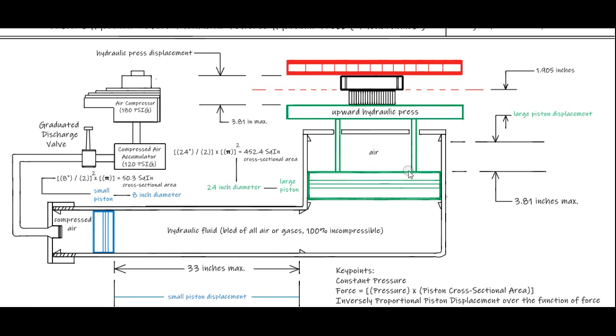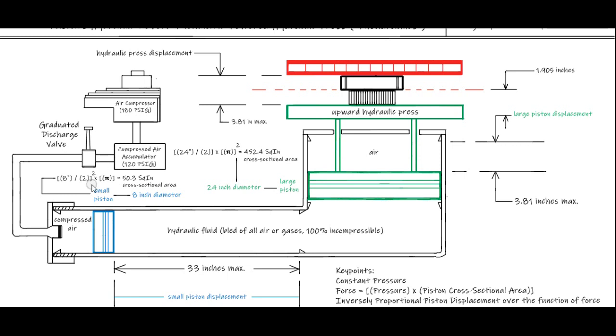And then above the actuator, large piston, you have air, and then a panel, and then there's vents here. So you have good ventilation. And then when you drop the air charge through the graduated discharge valve, has the relief valve on the closed side, open side, closed side.